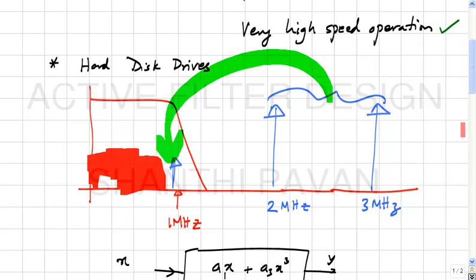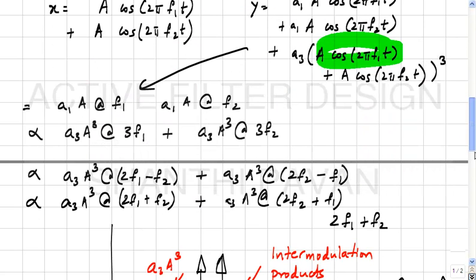But thanks to these terms, A3 times A cube, where A stands for the amplitude of the interferer, A3 times A cube can be very large, even though the desired signal is very small. This can cause corruption of the desired signal and therefore dropping of calls and so on.